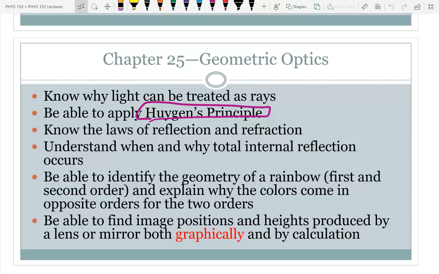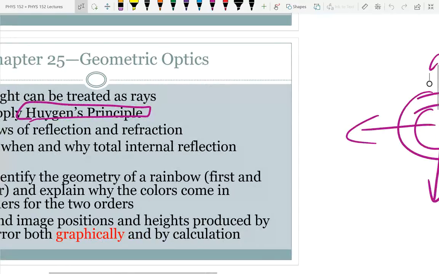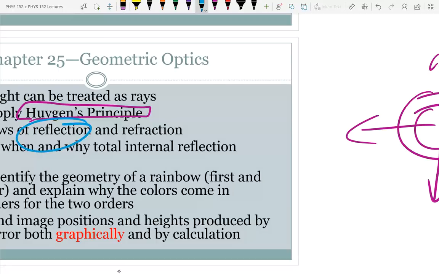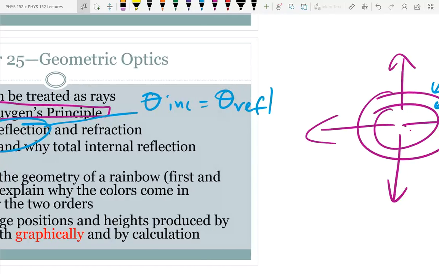Now, the law of reflection says theta incident equals theta reflected. We use the same method for measuring the angles in all of our interactions with the surface. So how do we define the angle of incidence? The angle between what and what?